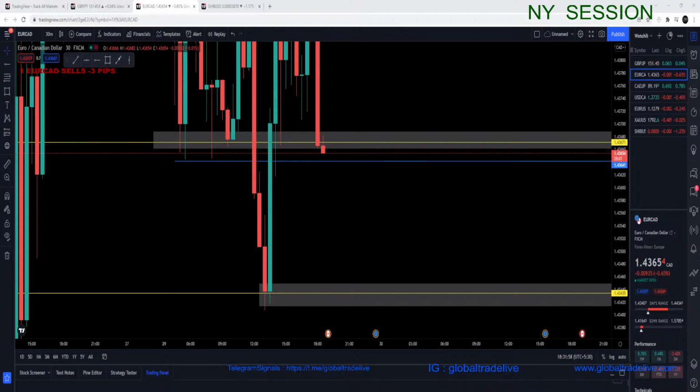So below all the previous wicks, I'm gonna execute a sell trade. This is also a 1 hour candle close as well.